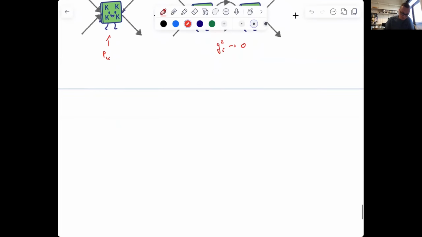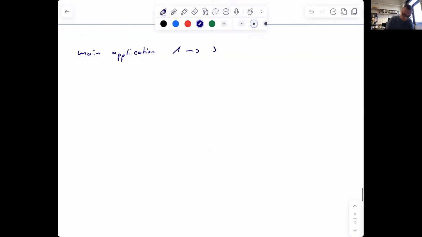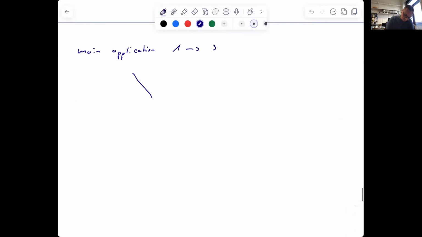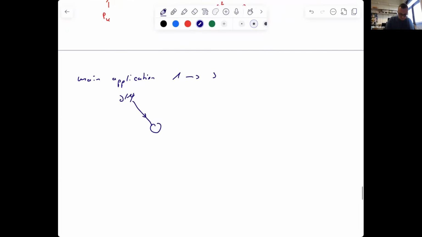And so the main application of this is 1 to 3 decays. So let me just give a concrete example here. Could be the radiative J psi decays. We have the J psi coming in, decays, we have a photon coming back out, plus a pair of pions.